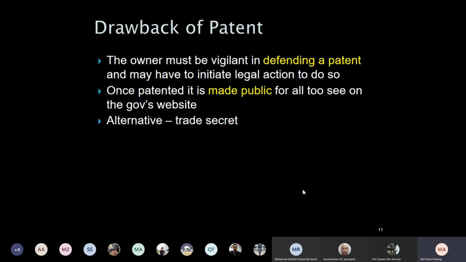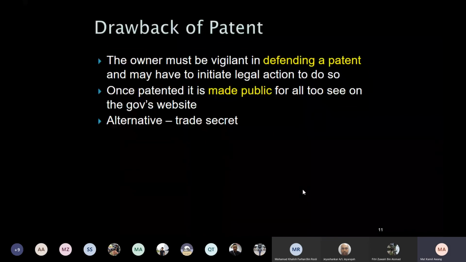So that's why I am against patents. I prefer the alternative way, which is the trade secret. A trade secret is basically that you protect your formula, your technology, without telling any other people. An example of a trade secret is Coca-Cola. Nobody knows the recipe to come up with the Coca-Cola drink, because that is a trade secret.